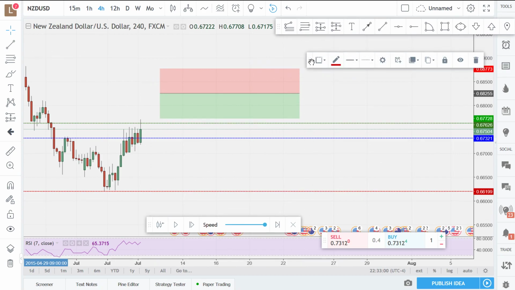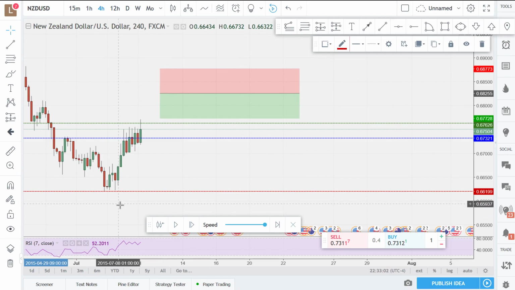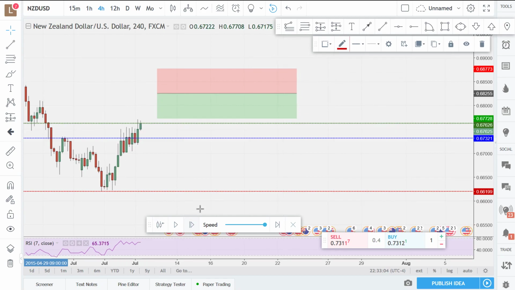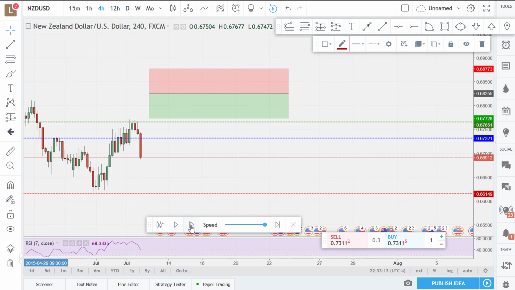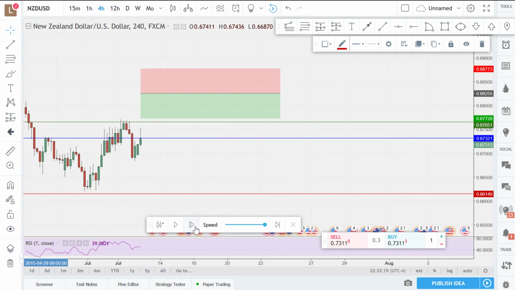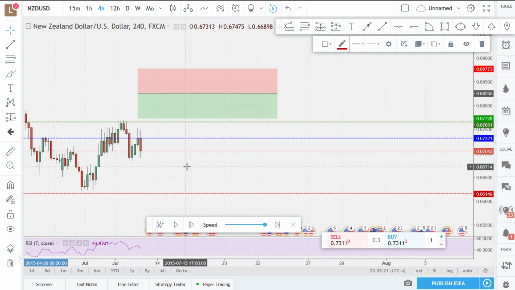Stuff here about risk reward is still inverted. Broke through this level. See what happens. Creating a new level here.